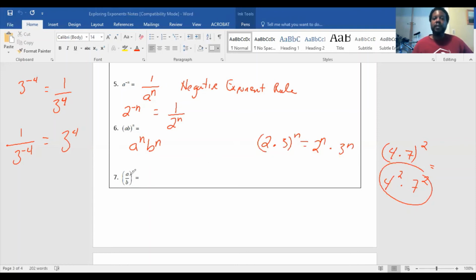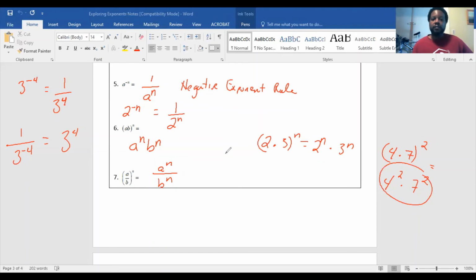Similarly, if two numbers are being divided and then raised to an exponent, just like what we saw before, when I had to write the fractions, indicating that the exponent applies to both the numerator and the denominator, I can rewrite this as a to the n over b to the n.